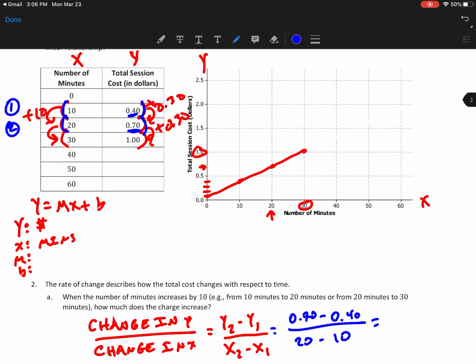That is going to be equal to 30 cents over 10 minutes.